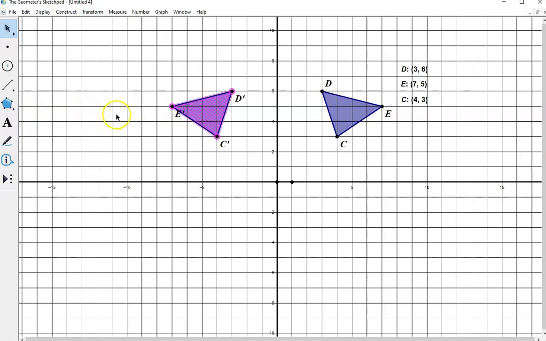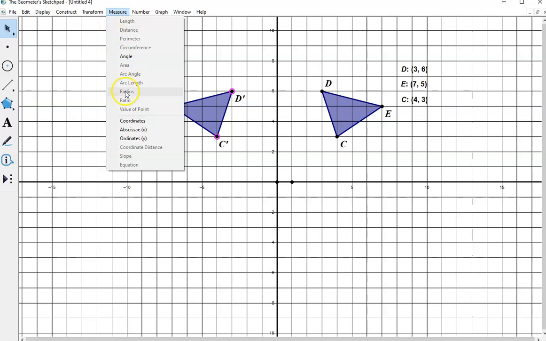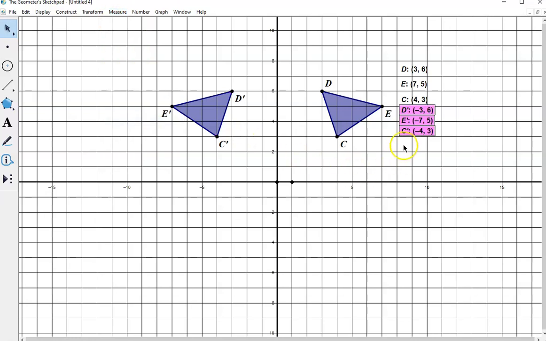When I do that, I get my points, nicely named by the primes. Let's do a quick measurement of D prime, E prime, and C prime, and see what we notice about the coordinates. We have D prime, E prime, and C prime there.